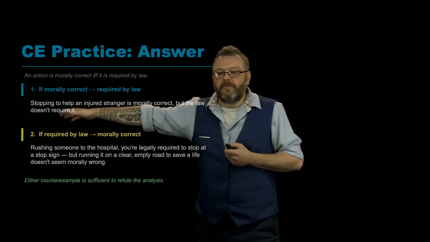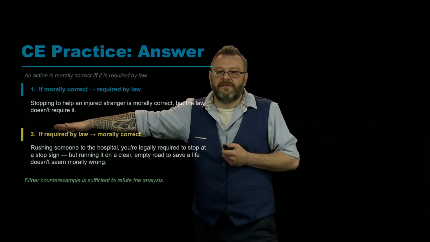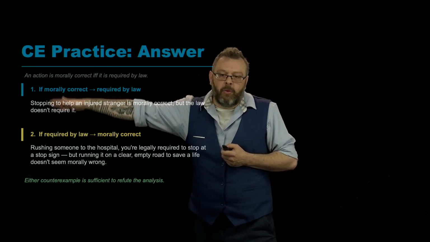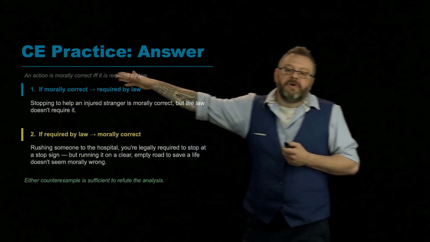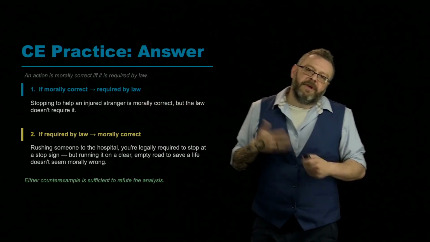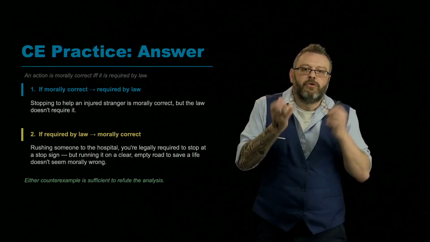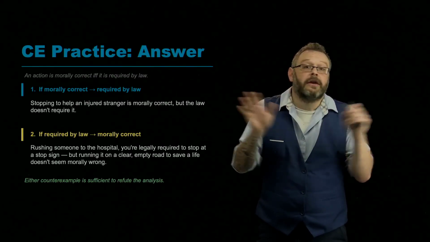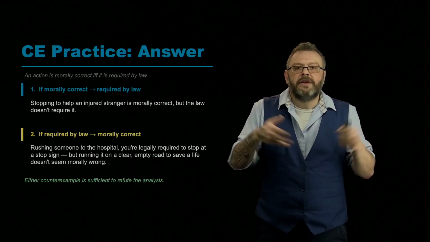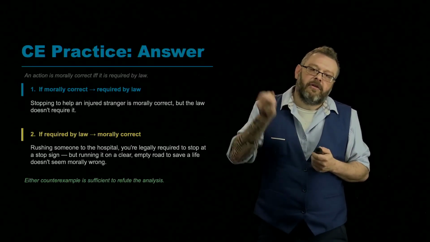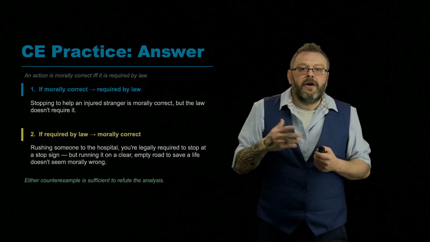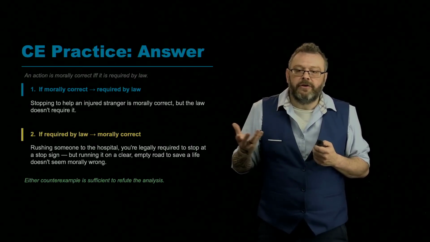Okay. Here we need a case of something that is required by law but is not morally correct. This can be a little bit harder to think about because it's not as if morality and the law have nothing at all to do with each other, right? It does seem to be the case that we make a lot of laws that tend to reflect our moral standing, our moral values.